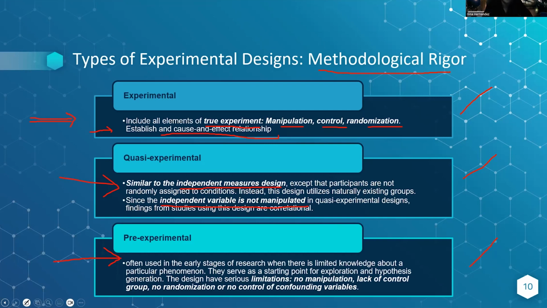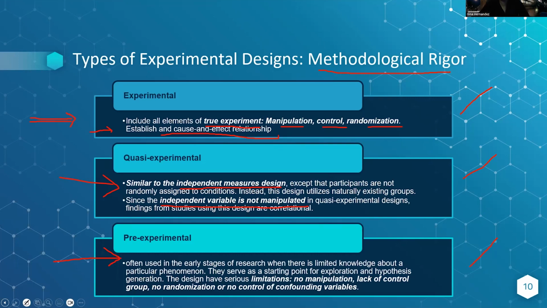Maybe you don't know what the relationship is, so you make a pilot study, or you are testing a small number of participants, or you are not controlling for all the variables. So this is the kind of pre-experimental. This is why it's called pre-experimental. You conduct this and then you conduct the experiment. So it's just like trying to get a sense of how things work in order to get it right later with the experiment.